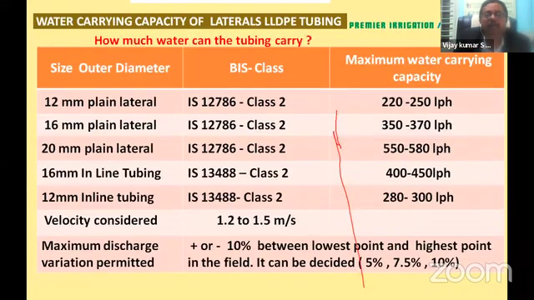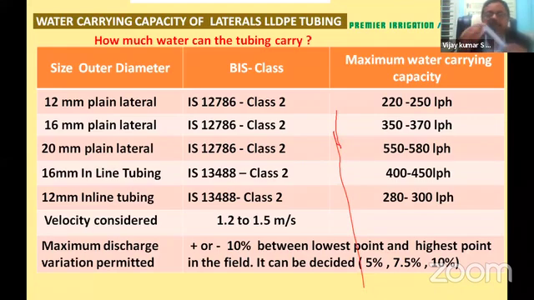So before we do the design, there are certain things that we need to know. For example, you have a pipe, you have a 12 millimeter lateral, how much water can flow through it? So you need to have an approximate idea. So whatever I've given you over here is an approximate thumb rule method, wherein if you have a 12 millimeter lateral, the maximum water that it can carry will vary from 200 to 250 liters per hour.